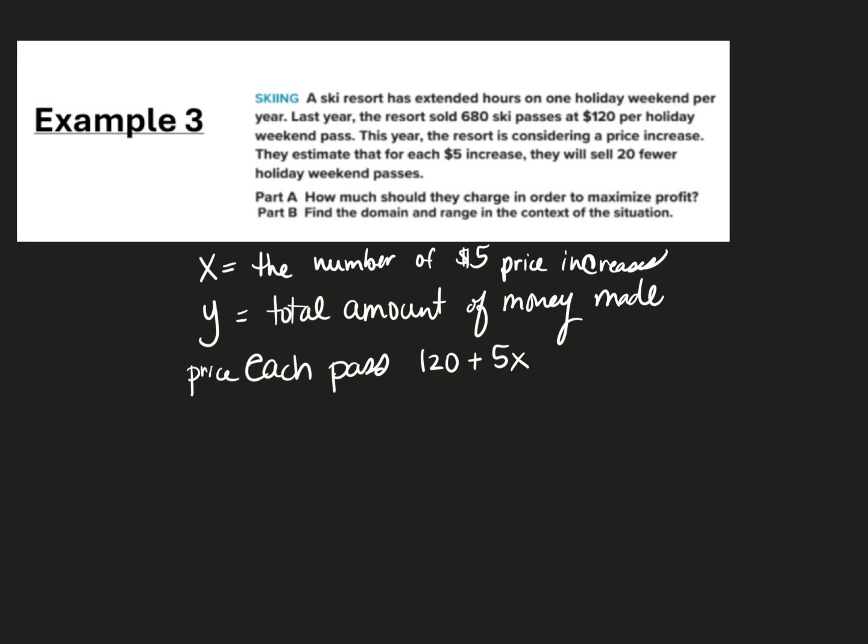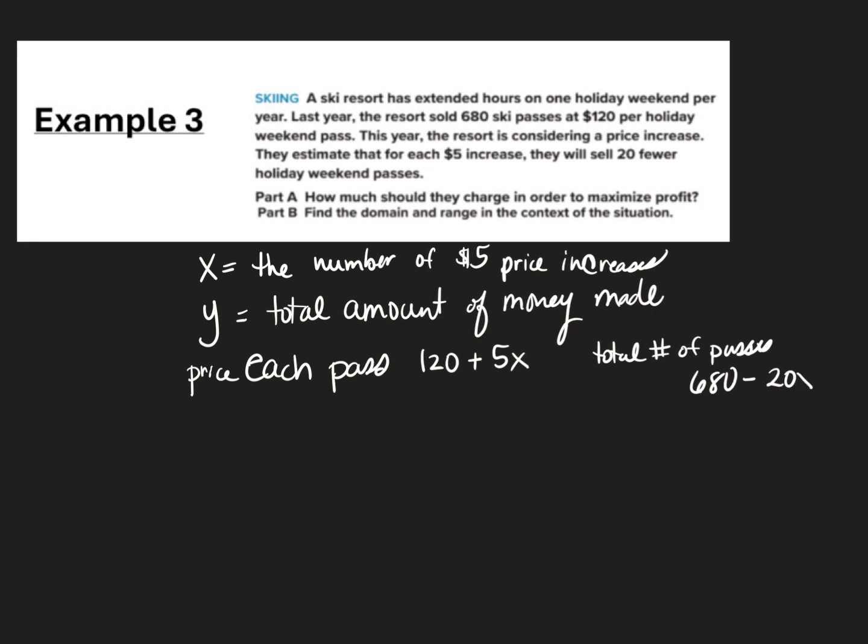And then the total number of passes is going to be 680, because that was how many ski passes the resort sold. 680 minus the 20 fewer weekend passes that were sold.